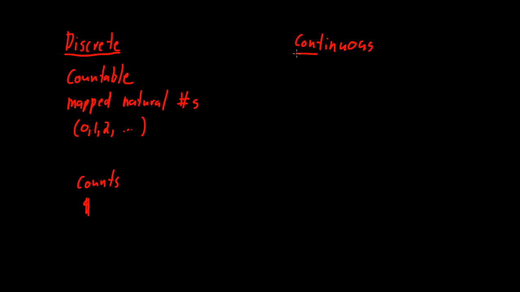For a continuous random variable, these are, by definition, random variables that can assume values corresponding to any of the points contained in one or more intervals. So these random variables are uncountable. They can't be mapped to the natural numbers, so can't be mapped.